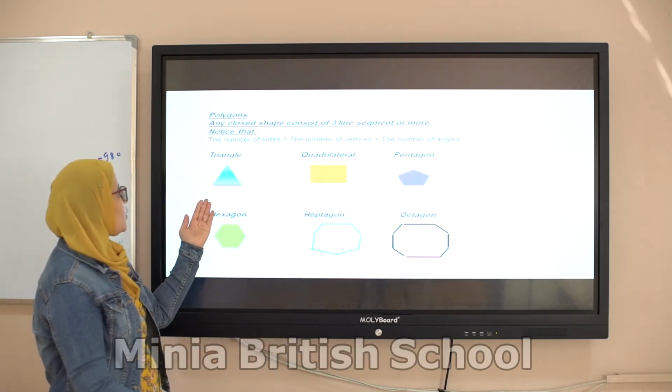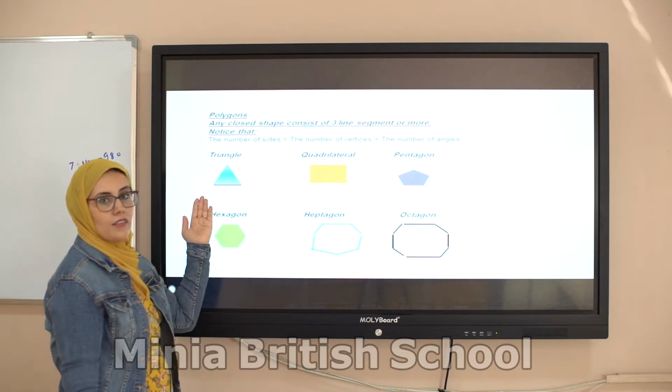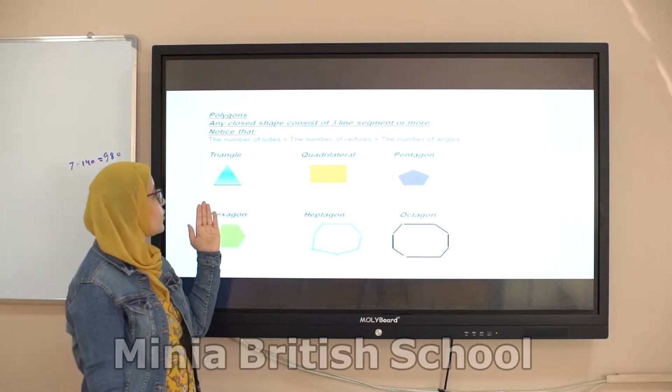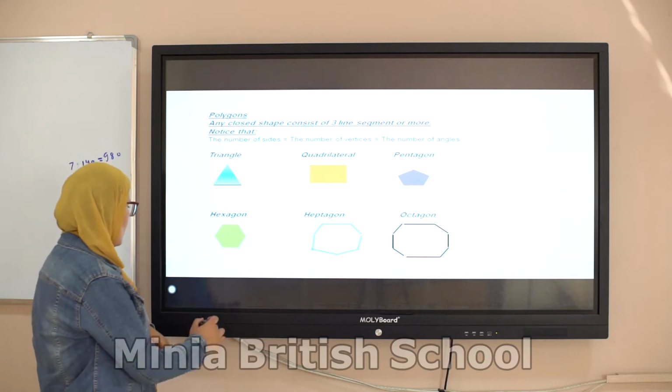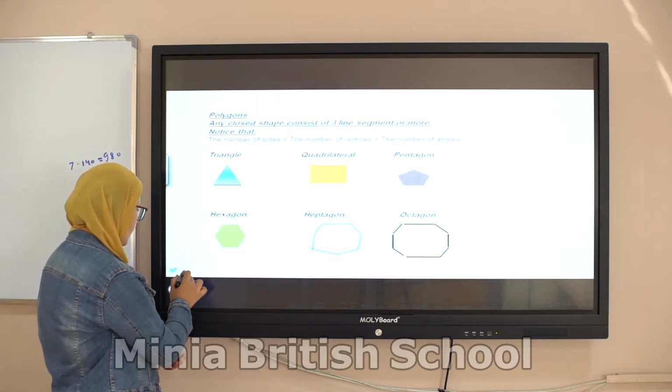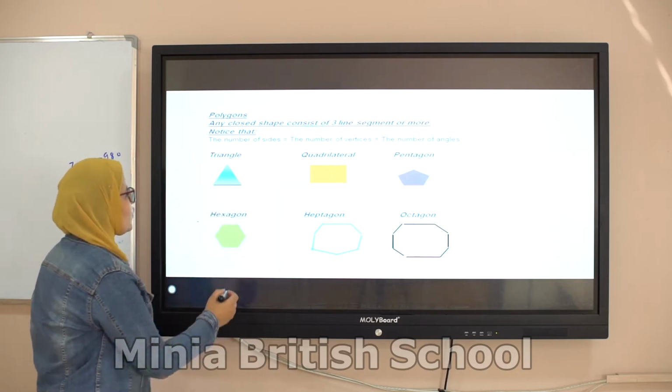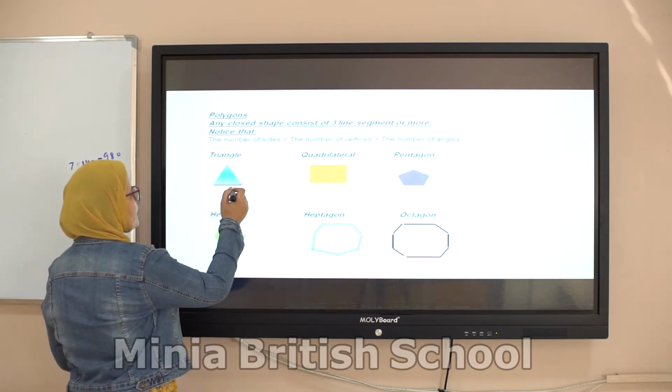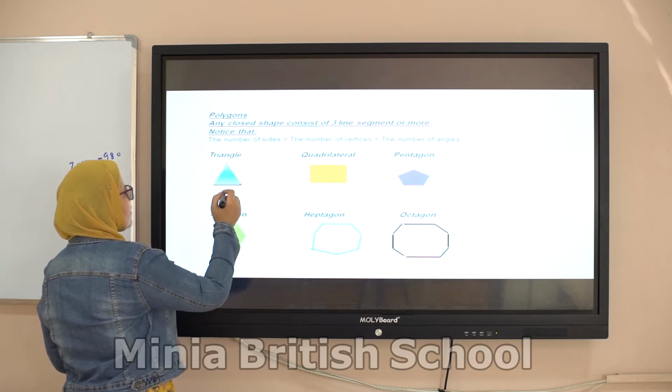So the first polygon is the triangle. A triangle consists of 3 vertices. The vertices are the corners here: this and this and this.